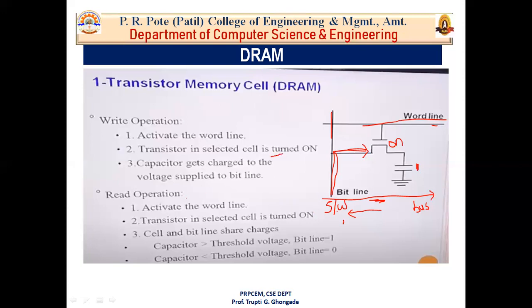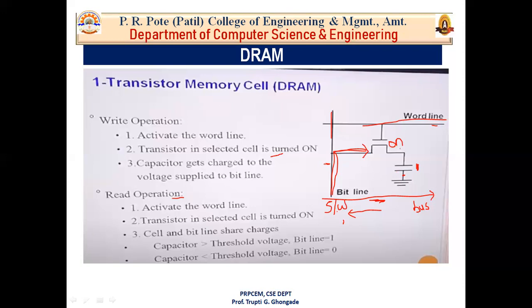This is the read operation. Again, we have to activate the word line. When you activate the word line, this transistor is turned on, and now the cell and the bit line hold the same information.